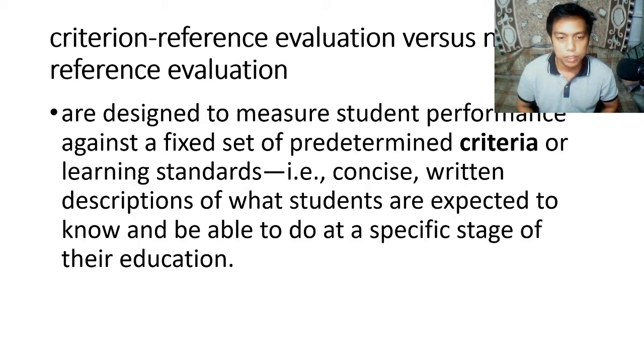That would be one of the examples that fall under criterion reference evaluation, and there are many more examples that I will provide in a video clip that I saw on YouTube, after this discussion of the definitions.